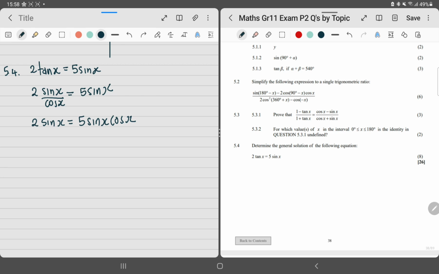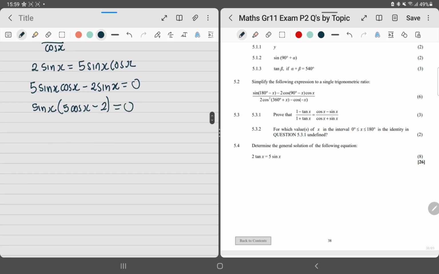Instead, you transpose: 5 sine x cos of x minus 2 sine x is equal to 0. Then we take out a factor of sine x, giving sine x times 5 cos of x minus 2 equals 0.